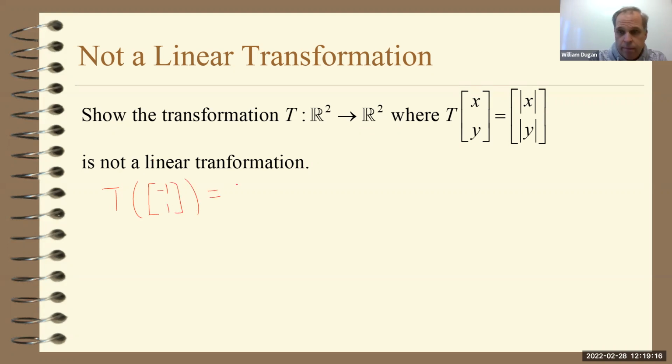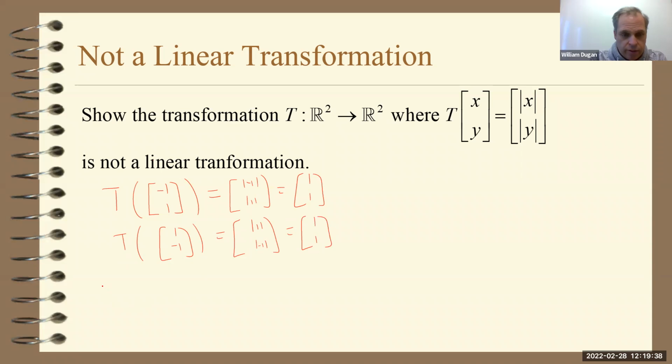By the mapping, that vector is the vector absolute value of -1 and absolute value of 1. That's the vector 1, 1. And take the vector T of 1, -1. That would then be the vector absolute value of 1 and absolute value of -1. That's also the vector 1, 1.